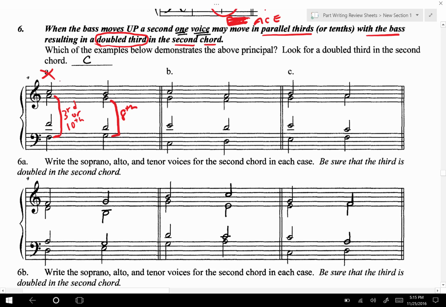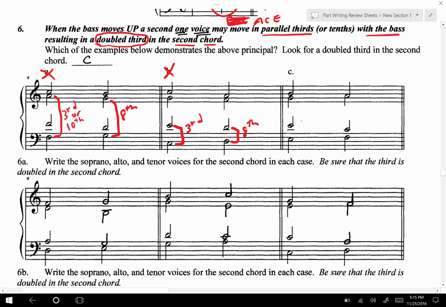So it's not going to be A. Let's look at B. So bass is C, so we need to find where the E is to make it our third. Okay, so we're comparing bass with tenor. And here is our third, and there is our 8th. So it's not going to be B.